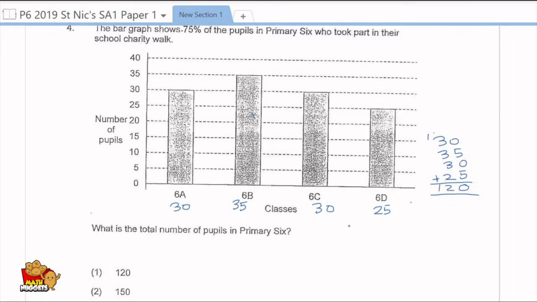So this tells us that 75% is 120. So 1%. Total number of pupils will be 100%.